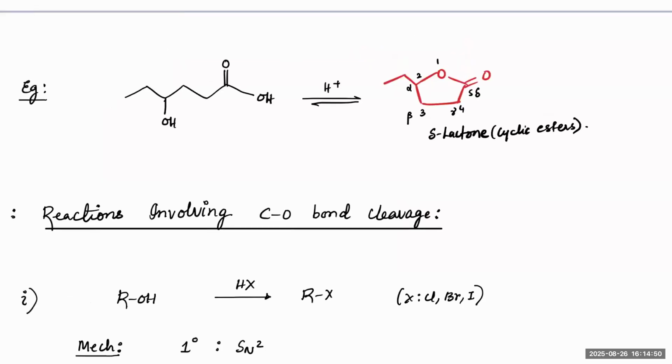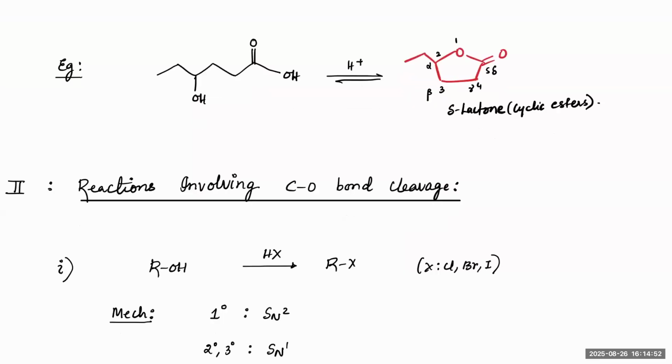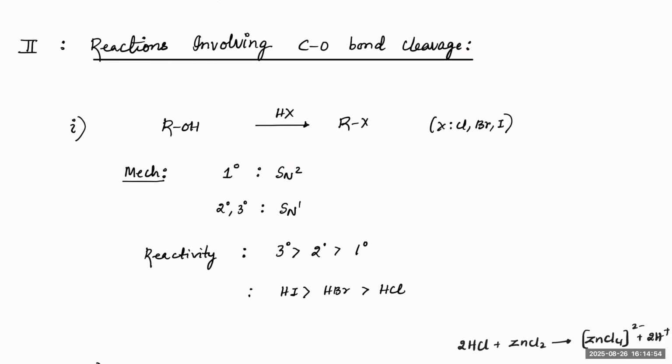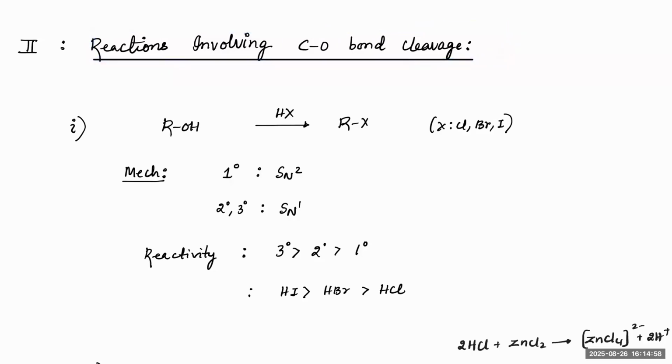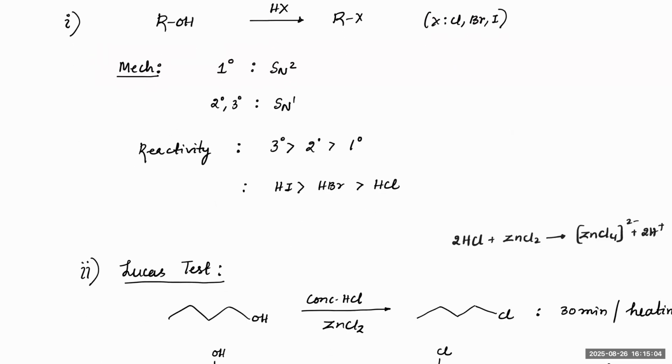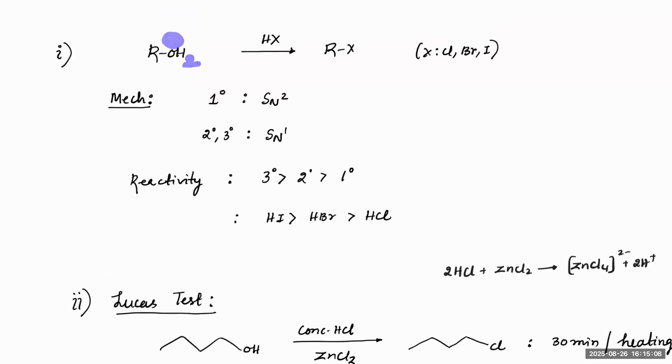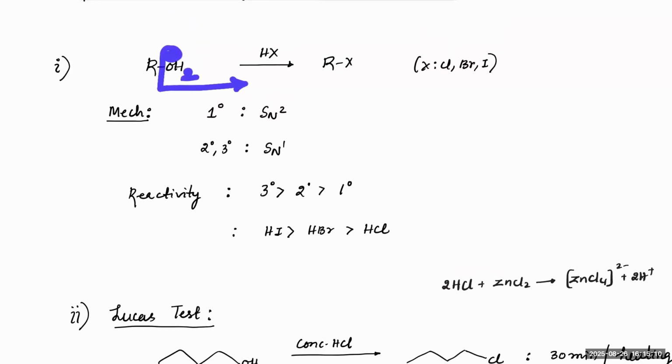Next, notice the reactivity involving C-O bond cleavage. So far we saw O-H bond cleavage. Now we will see C-O bond cleavage. For that to happen, first we need to protonate, get H plus on the alcohol, and then remove it out. The removal can be done via SN2 mechanism or via SN1 mechanism.